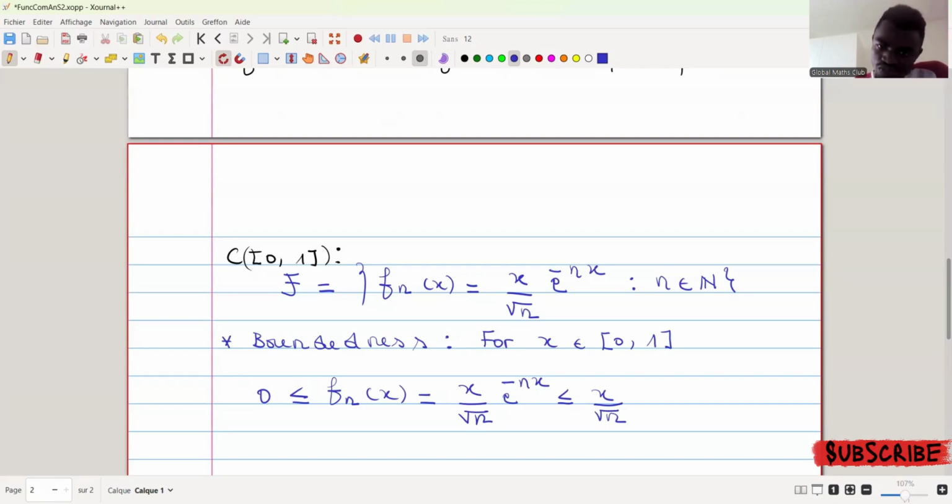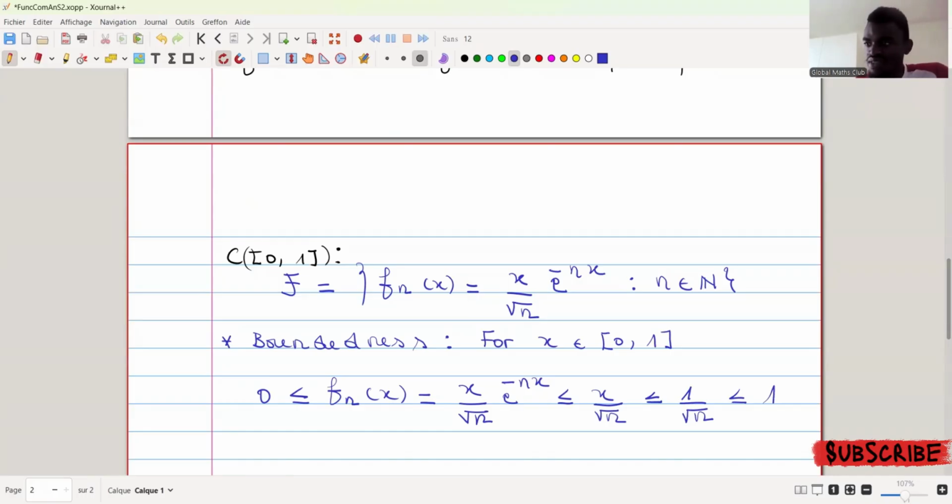Another way to show the boundedness is that you can directly compute the supremum norm of fn of x. I think that you're going to get something like 0. It is finite. So then you conclude that f is bounded. Otherwise, you can try to do as I'm doing like this. Don't forget that x is in [0, 1], so this means that x is also less than 1. Now you have 1 over square root of n, so this quantity is also less than 1.